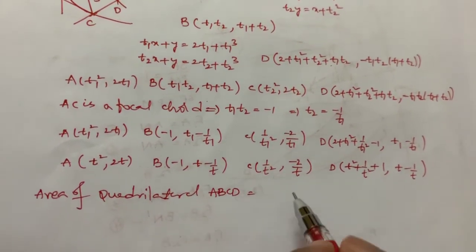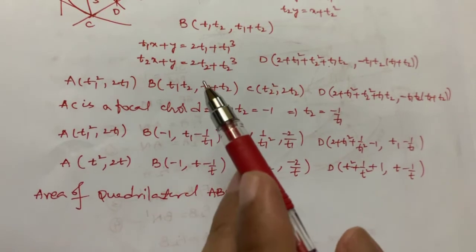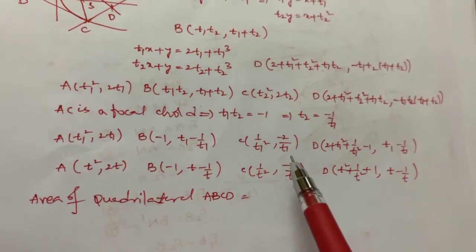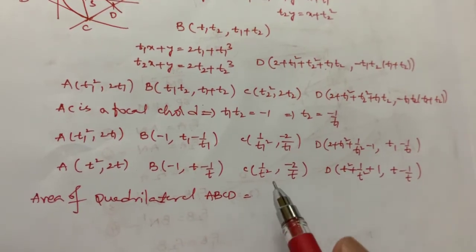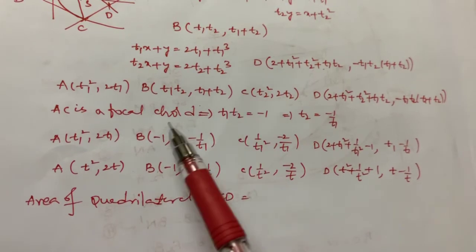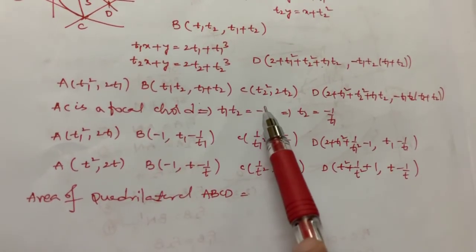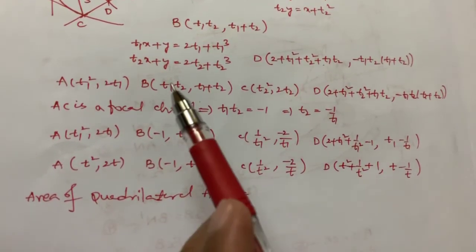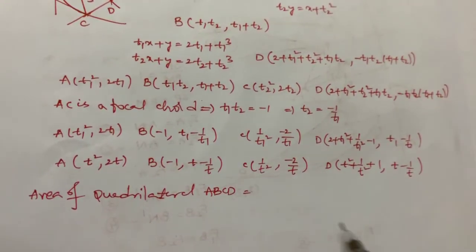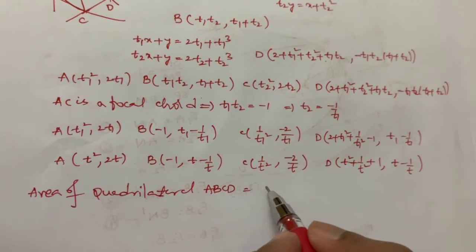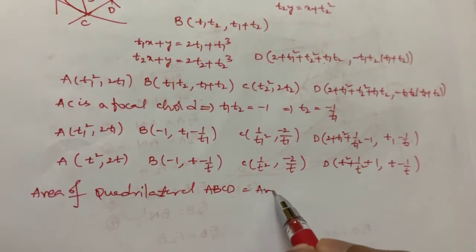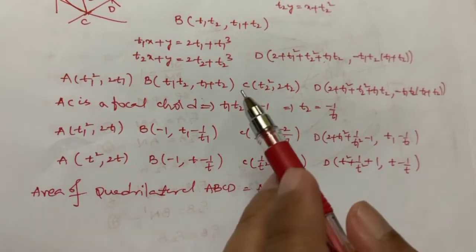Obviously, because BAD is a right angle triangle, as tangent and normal are perpendicular to each other. Yes or no? So BAD is a right angle triangle, and again BCD is also a right angle triangle. Okay, so if I want to calculate that, the side lengths AB and AD we don't know.